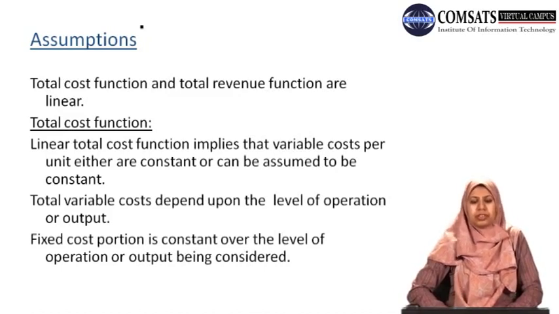Now our total cost function and total revenue function are linear. For the total cost function, the assumption is that the linear total cost function implies that variable cost per unit either is constant or can be assumed to be constant.